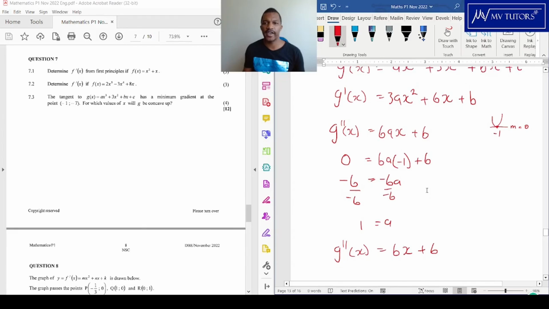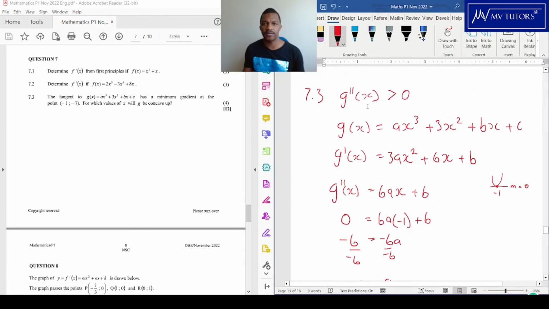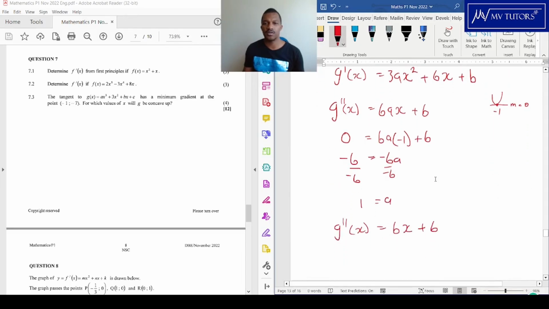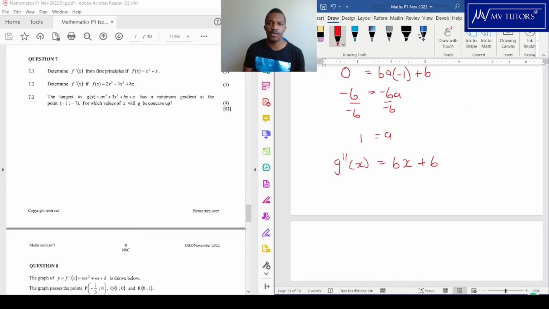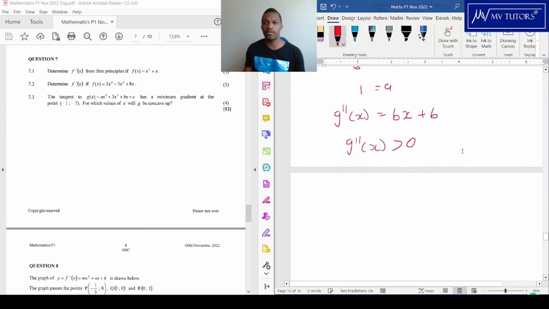Now, watch this carefully. Remember, we said the graph is going to be concave up if the second derivative is greater than 0. So that's what we're going to do now. We say that 6x plus 6 is greater than 0.